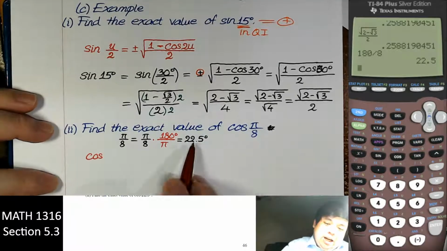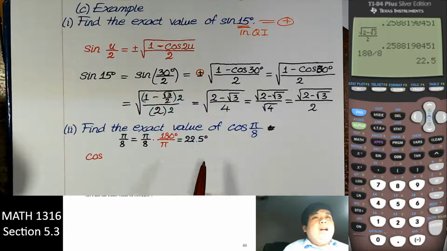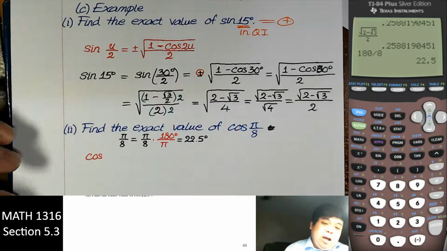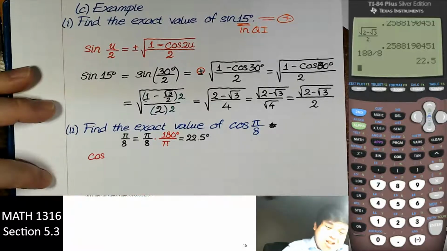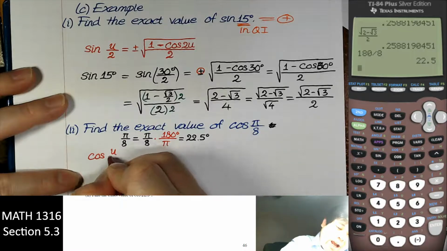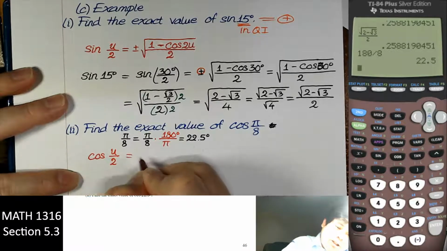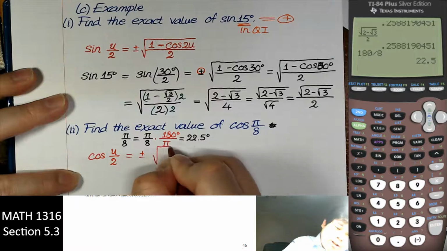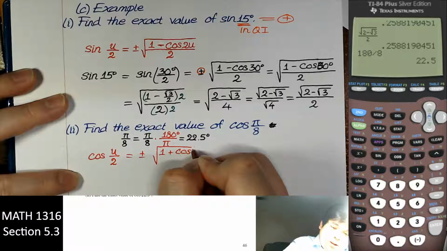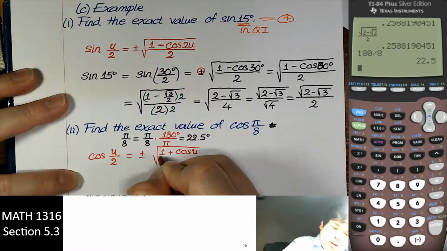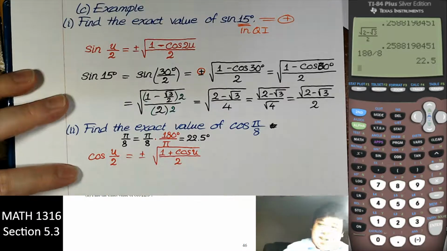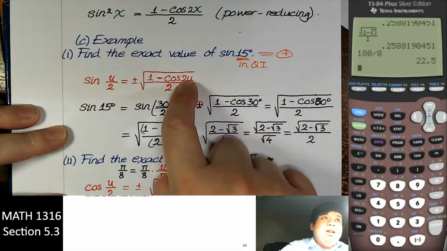So now, of course, 22.5 looks like half of 45, right? However, sometimes drawing like this actually helps. But before that, let's just write the half angle formula. By the way, I did this on purpose and nobody caught that. There's no 2 here, right?